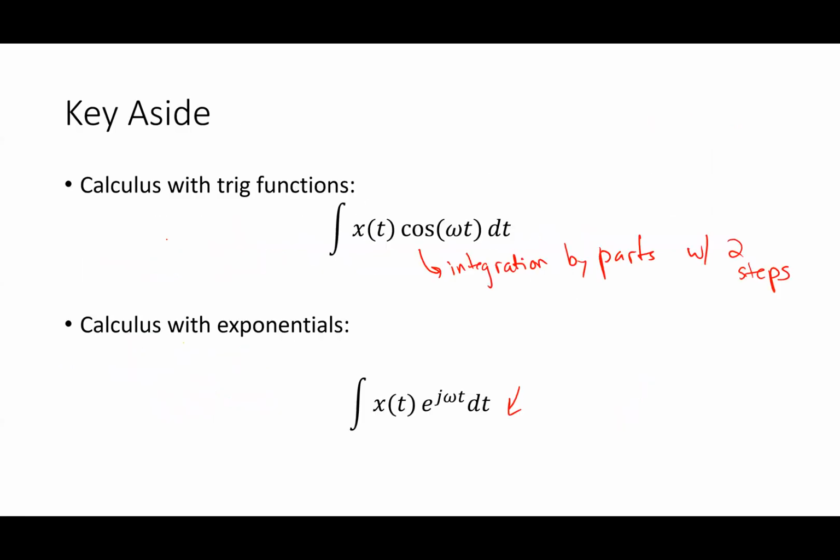So where we ended up last time was starting to calculate the arbitrary coefficients. If I just have a waveform and I haven't given you a function for it, I need to determine the coefficients. Now, one of the things I said, and we'll see this more carefully: if I ask you to do calculus with trig functions, if you have some function times cosine or sine, that always becomes an integration by parts that you have to do twice.